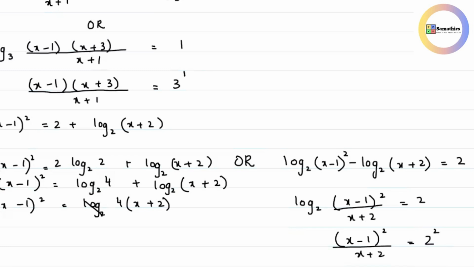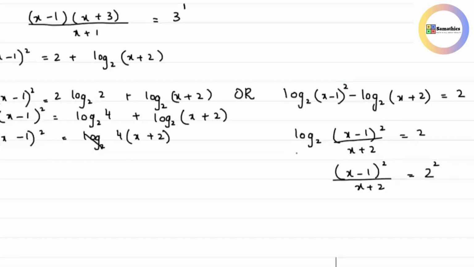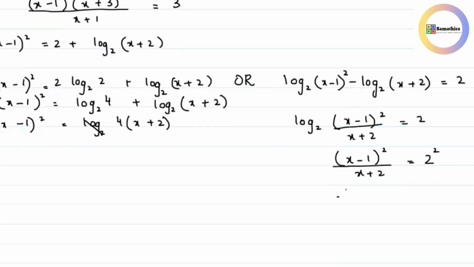So when you solve it further, you will be getting the same. It will become x square minus 2x plus 1 equal to 4 into (x plus 2), and then you will be solving it further. You will get the values of x.